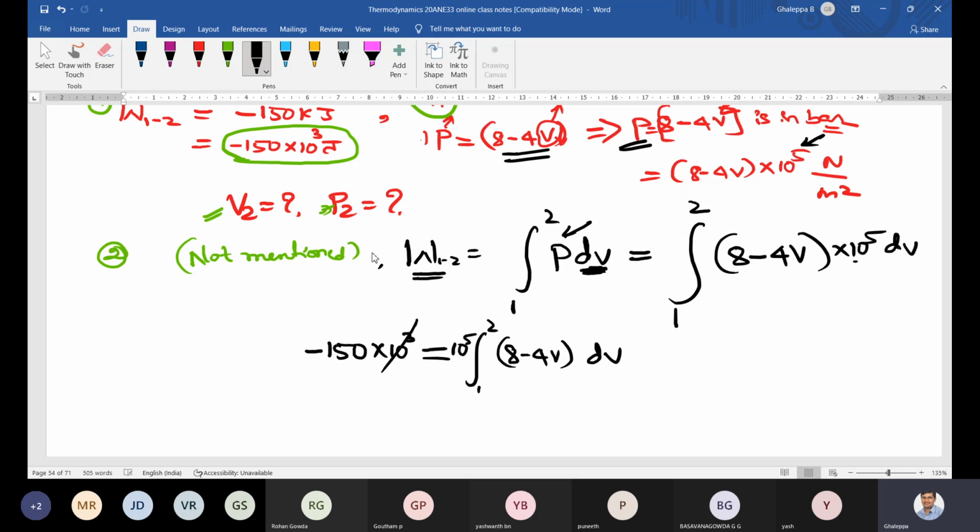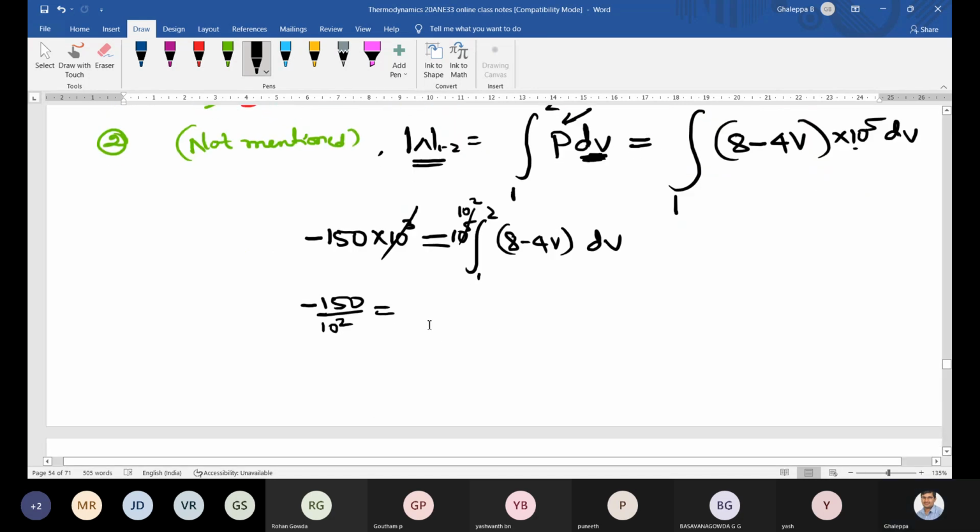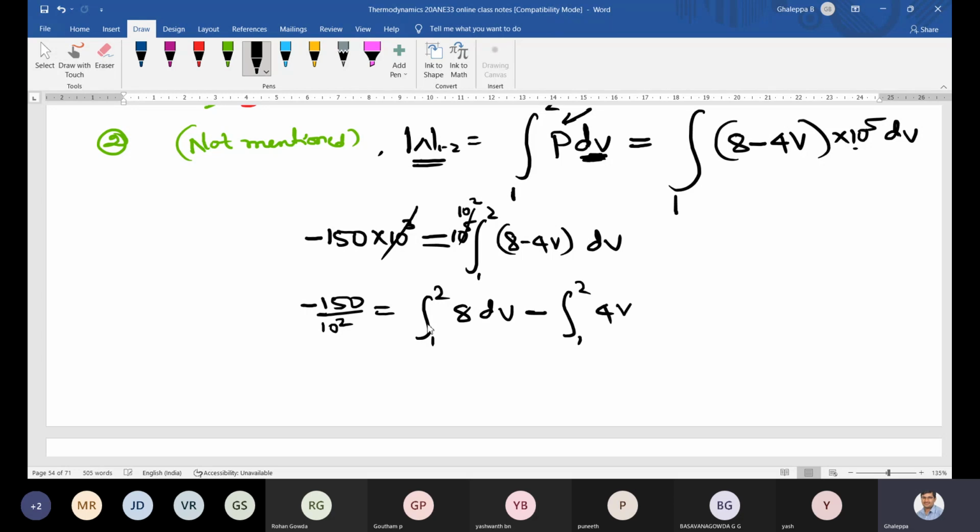So 10 to the power of 3 and 10 to the power of 5, 10 to the power of 3 get cancelled. So it remains 150. Here 10 to the power of 2 will remain, that I can take in the denominator, right? With your permission. Shall I take it like that? Yes, take, sir. This on the right hand side. So integral of 1 to 2, 8 dV minus integral of 1 to 2, 4 dV.